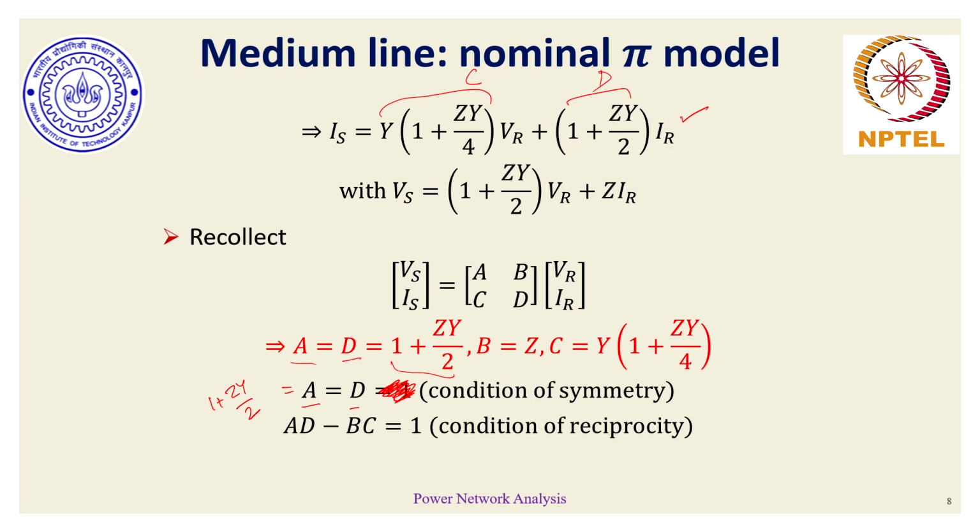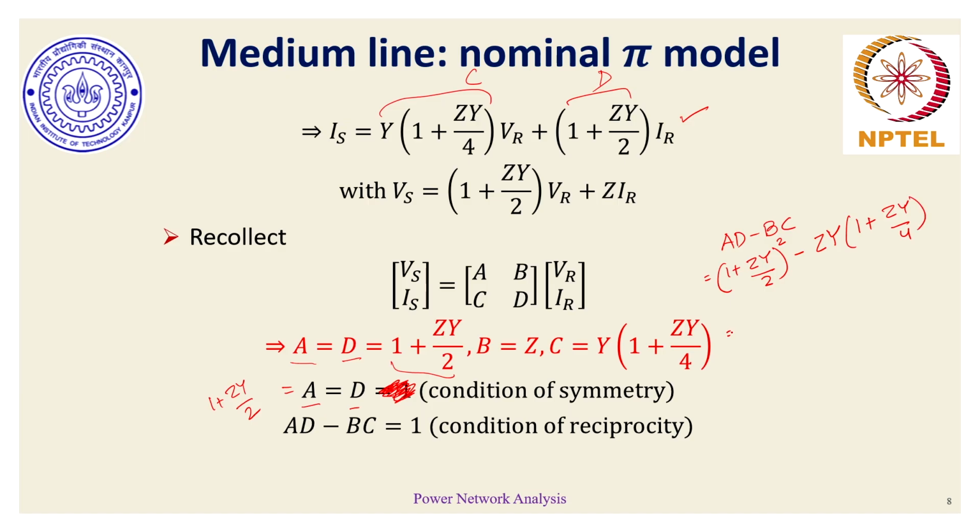And if we evaluate AD minus BC, so let's do that. A is 1 plus ZY by 2, which is also equal to D. So basically we have a square here, minus B, which is Z, into C, which is Y times 1 plus ZY by 4.